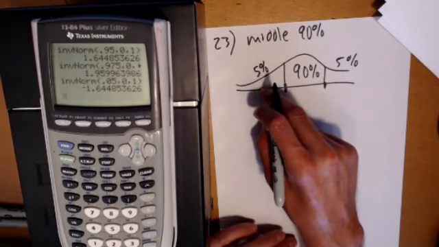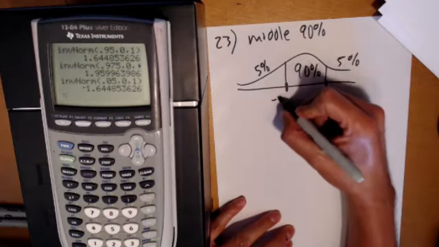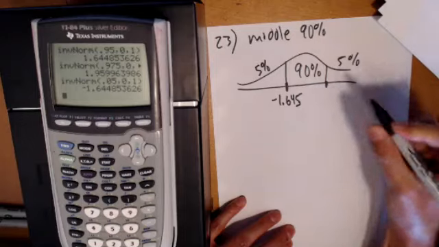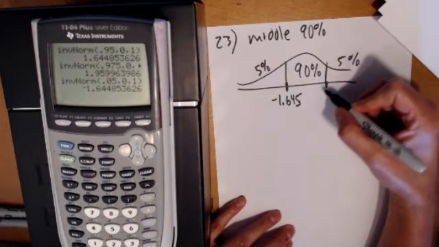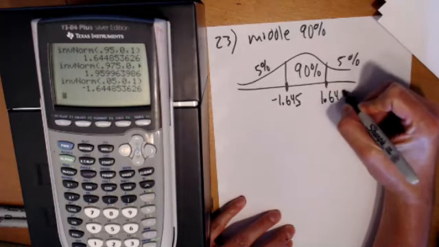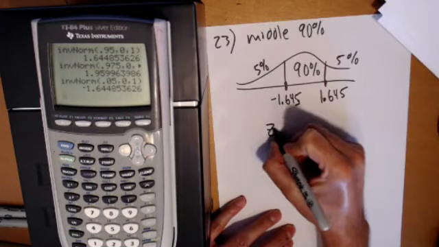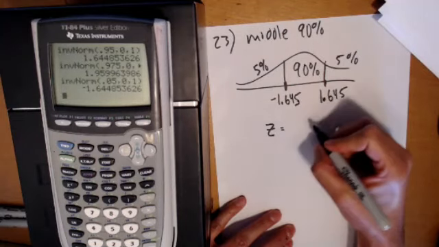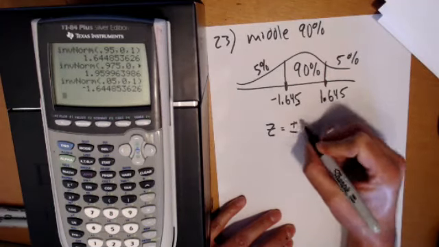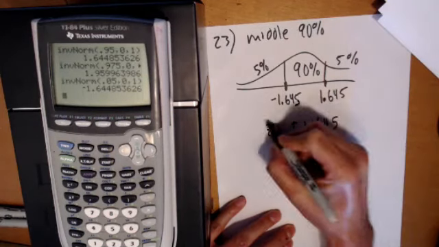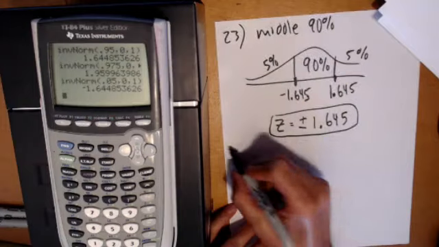Oh, that's that 1.645 thingy, so that's negative 1.645. And if you believe in the symmetry of the bell curve, the answer right here must be positive 1.645. So they're looking for the z's that correspond to the middle 90%. So our answer, you could say, is plus or minus 1.645. Yay.